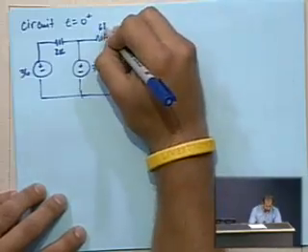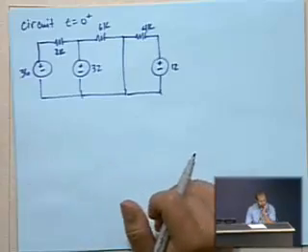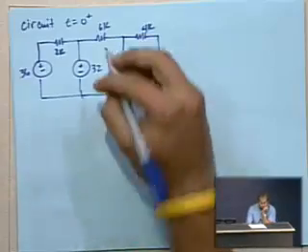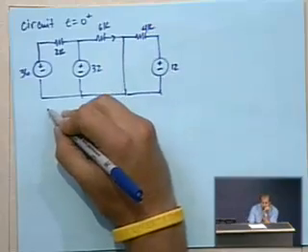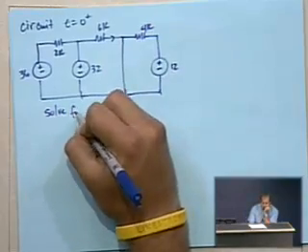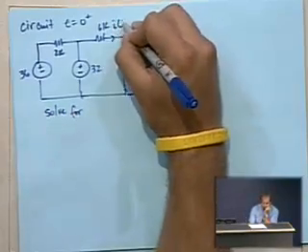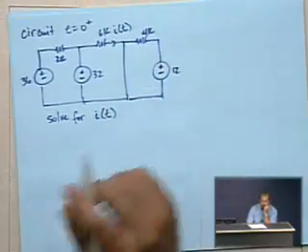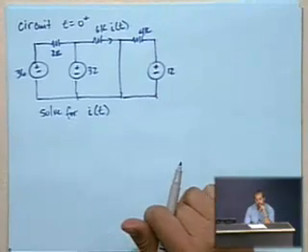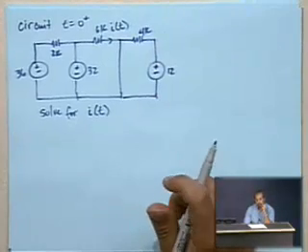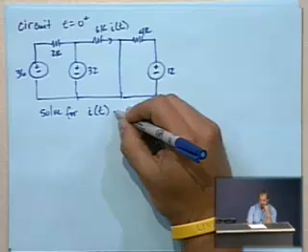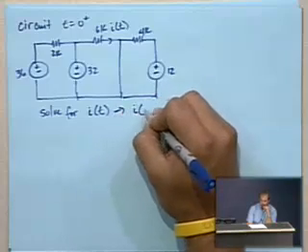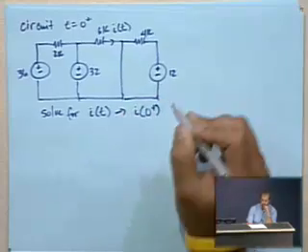And what we want to solve for is, this is I of t, and we want to solve for I of t in this case. And specifically, this is I of 0 plus.